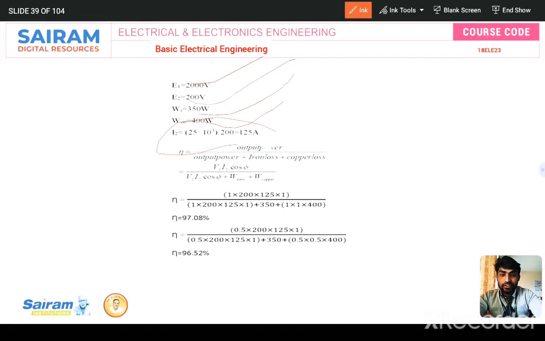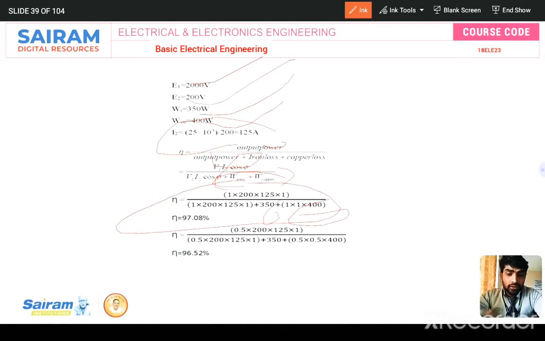If you want to calculate efficiency, it is output power divided by output power plus iron loss plus copper loss. The data is already given, so just substitute the iron loss and copper loss. Efficiency at full load we got 97.08%, and efficiency for half load we got 96.52%.